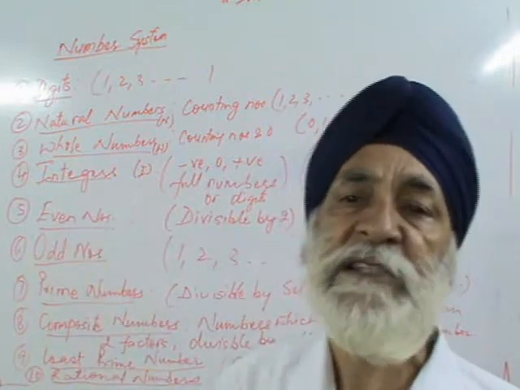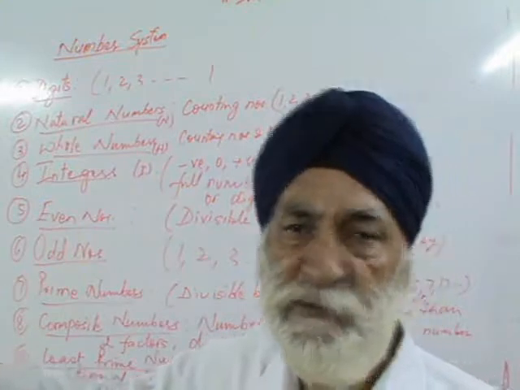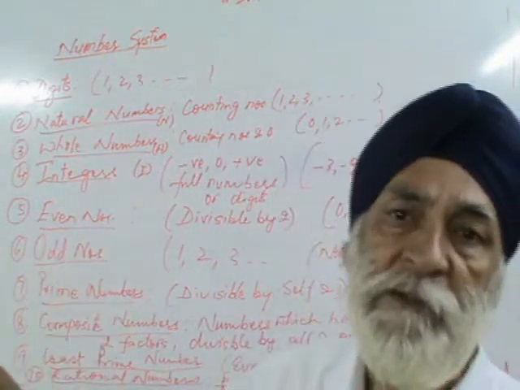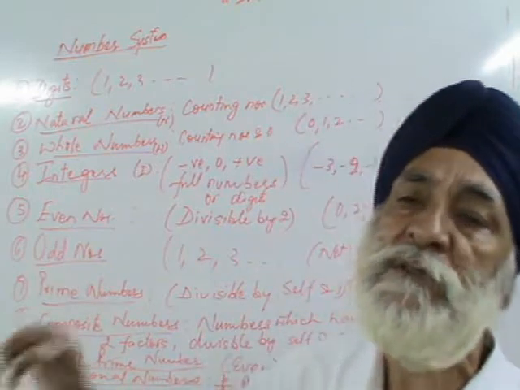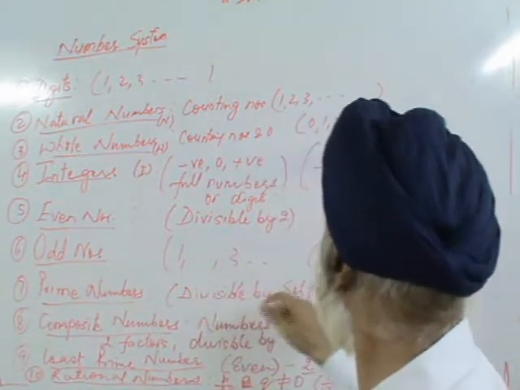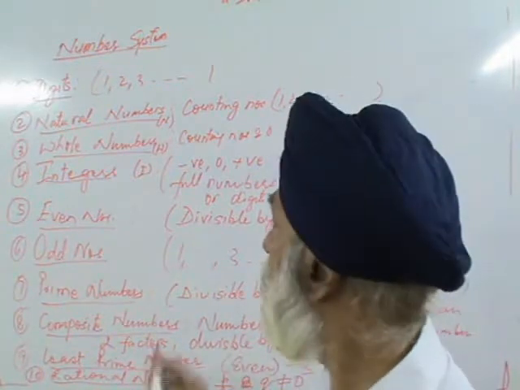That is 0, 2, 4, 6, 8, 10 like that. It can be with a minus sign also. Odd numbers cannot be divided by 2. So we can say it is 1, 3, 5, all of which are not divisible by 2.